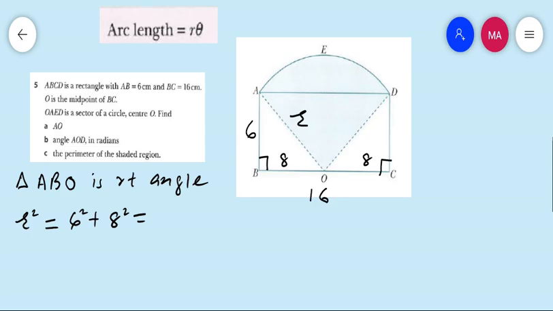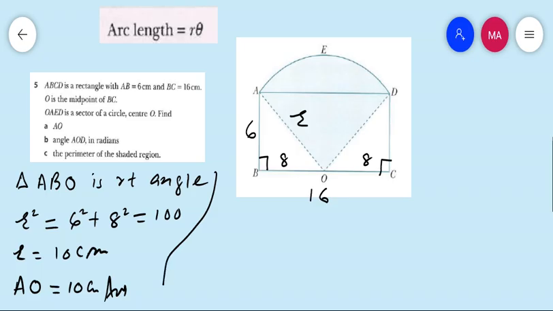So 6 square is 36 plus 8 square is 64, which is 100, and square root of 100 is 10 centimeter. Don't say plus minus 10 because radius is a length and length can never be negative. So part A: AO is equal to R, which is equal to 10 centimeter. This is our final answer.